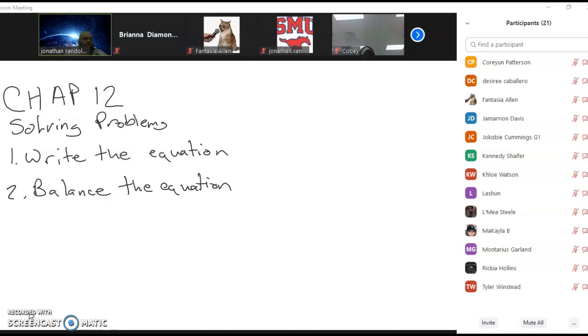Then write the given info from the word problem.